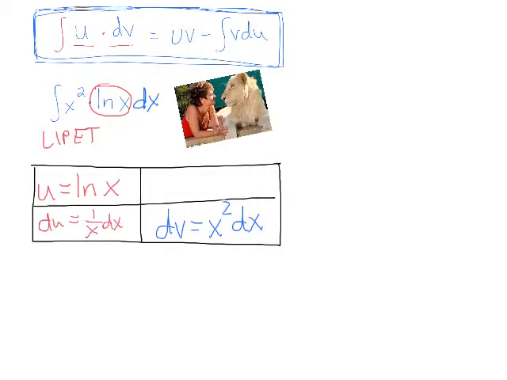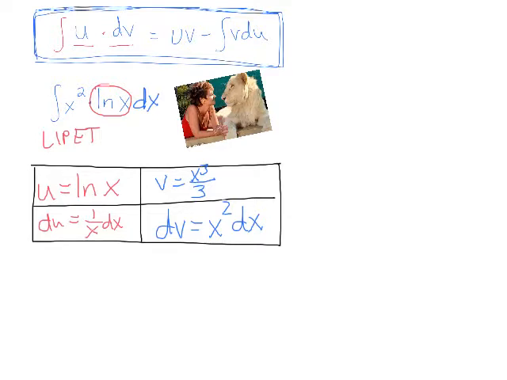And then since I'm starting with the derivative on this blue side, I need to create the antiderivative of that. So the antiderivative of x squared dx is x to the third over 3.